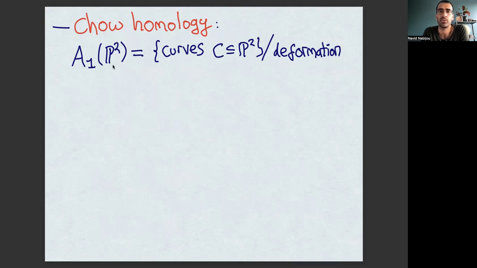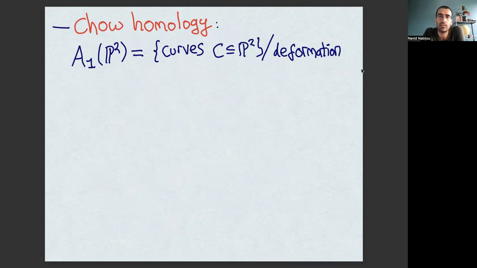This is called the Chow homology of P2. It's the set of curves up to deformation. Again, deformation means you have your curve defined by some polynomial, and then you start varying the coefficients of that polynomial, and your curve starts to move around or stretch and squeeze in some way, okay?